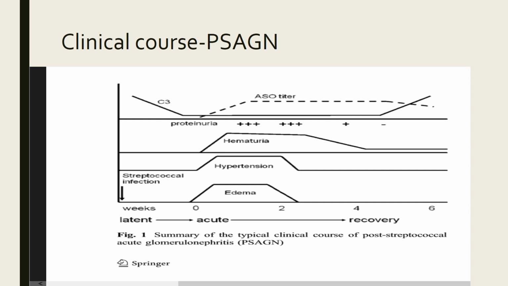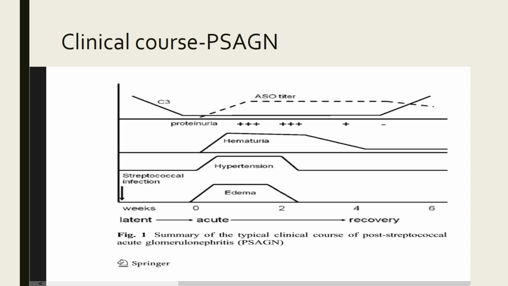Hematuria may actually persist for up to 2 years after the initial presentation, whereas you can see there's proteinuria, which can appear earlier than the hematuria, and then it may last for up to about 6 weeks after the initial infection.